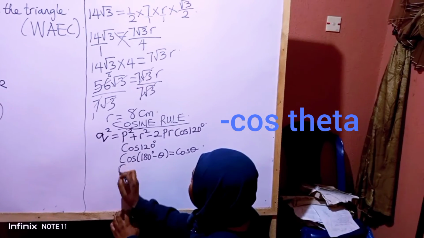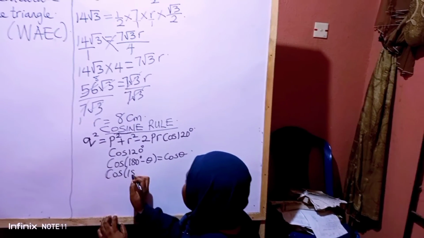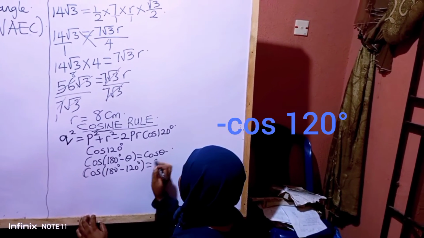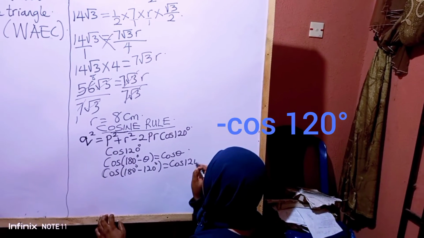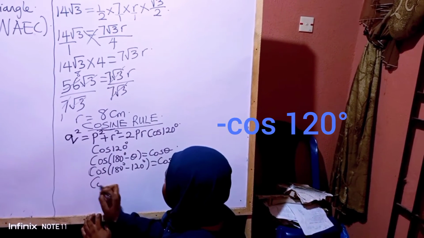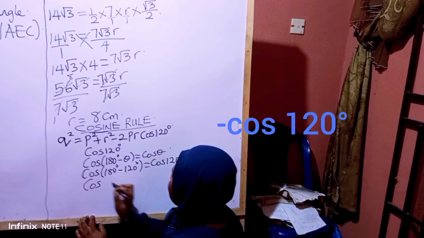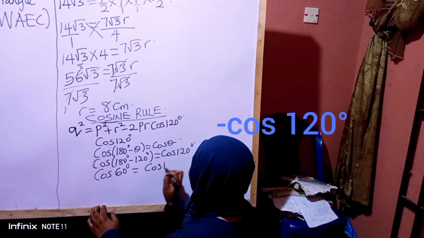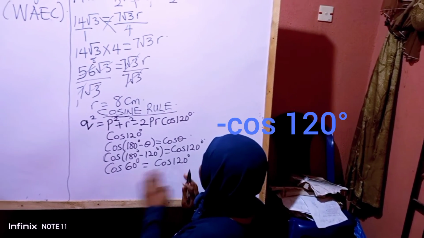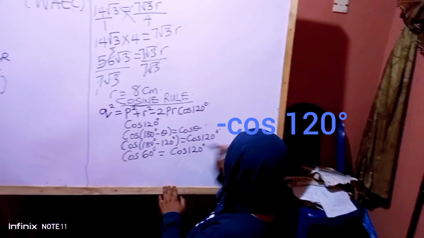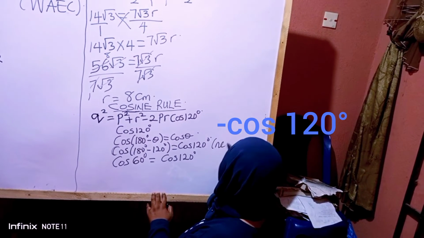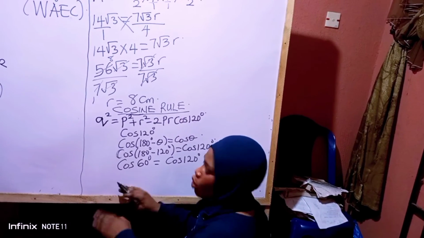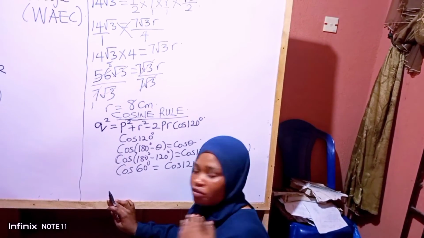So cos of 180 degrees minus 120 degrees gives me 60 degrees. It's the same thing as cos 120 degrees, and we know that any answer we get must be negative because it falls in the second quadrant. And cos 60 degrees is equal to 1 over 2.